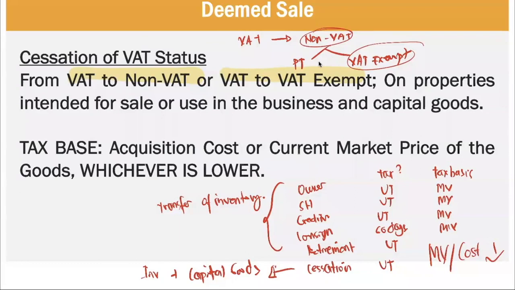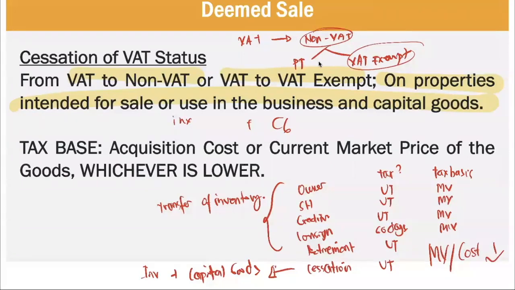Now, for your retirement from the business, the transfer of inventory again is subject to deemed sale. However, the tax basis now is the lower between your market value or the cost of the inventory. In cessation, what is different among the other deemed sale transactions? It is on properties intended for sale or use in the business. This is your inventory, and we include also your capital goods as part of your deemed sale transaction.